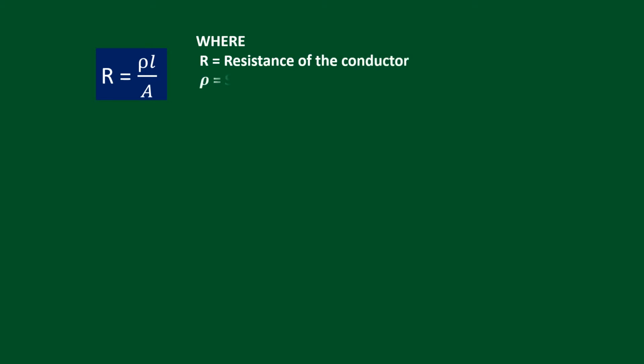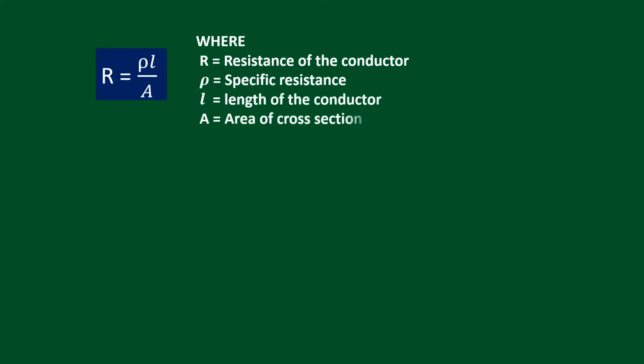We know the formula R is equal to rho L by A, where R is the resistance of the conductor, rho is the specific resistance, L is the length of the conductor, and A is the area of cross section.